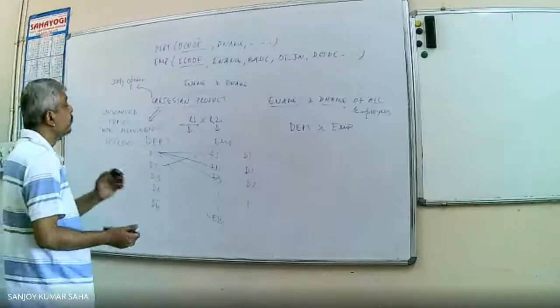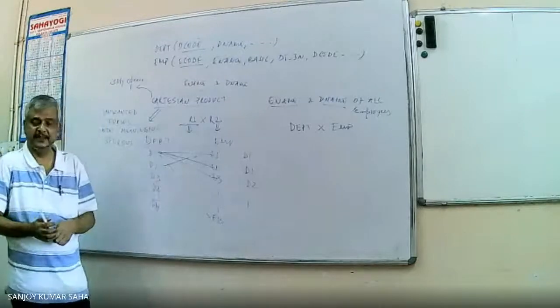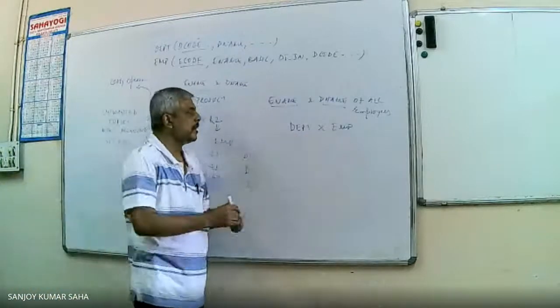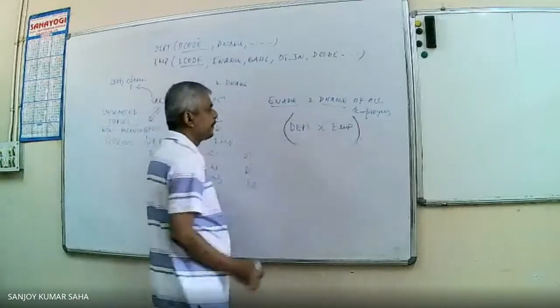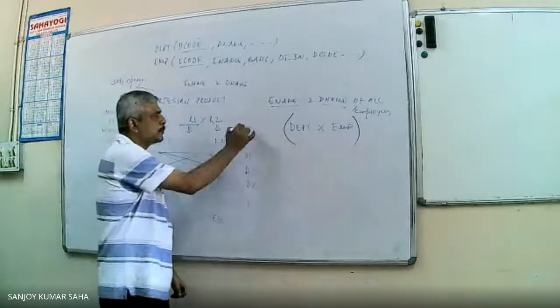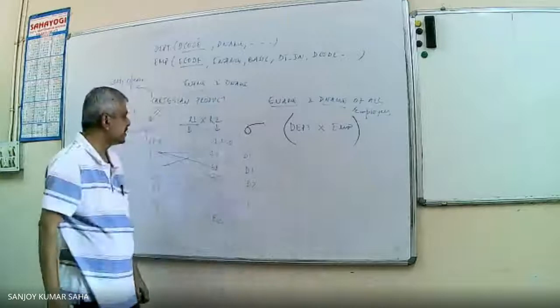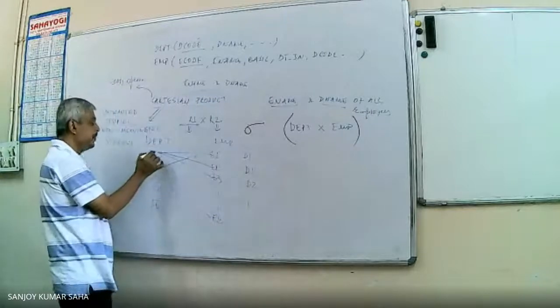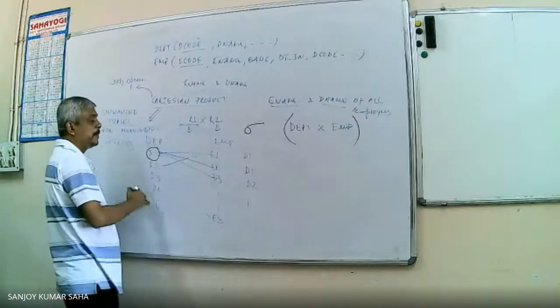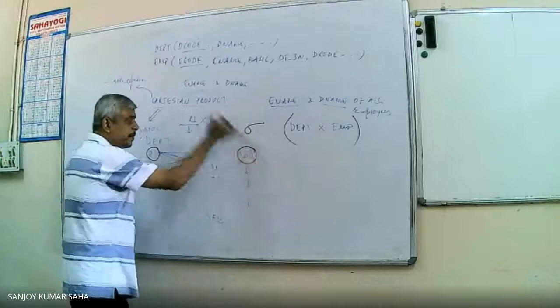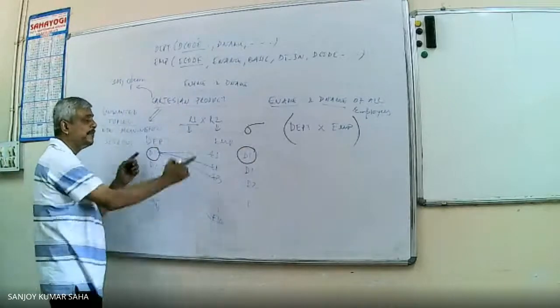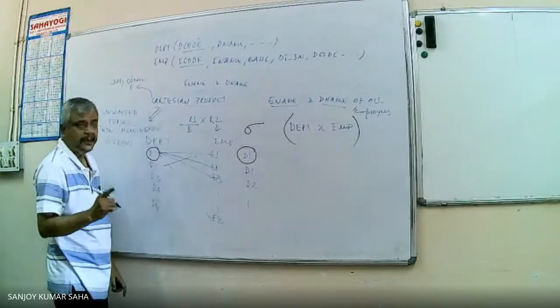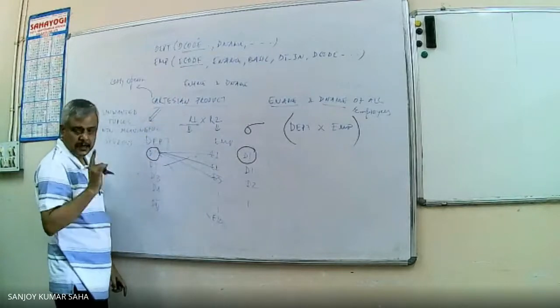Then, if I want to retain only the meaningful things, then on the outcomes, we have to do some filtering. What will be the filtering condition? Which one is meaningful? If the department code of the department and the department code of the employee tuple are same, those are only meaningful as per our requirement.